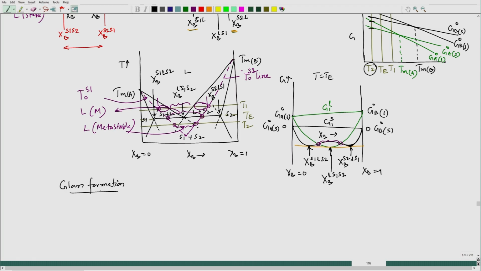Glass formation. We can see that even below T e the liquid remains, in its metastable condition. So, below T equal to T e, liquid still remains metastable.